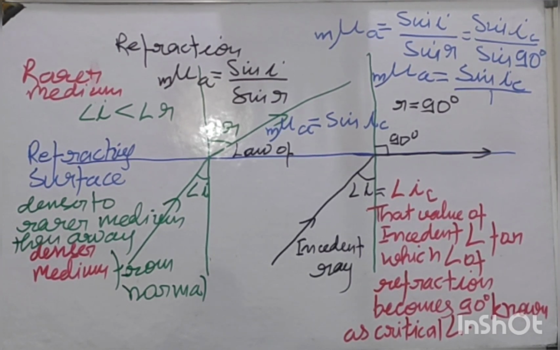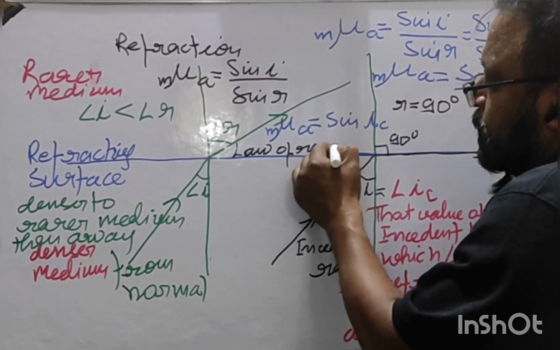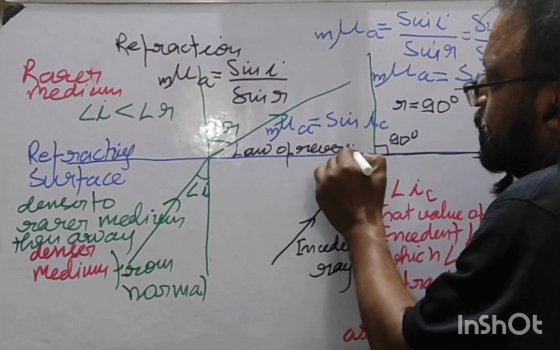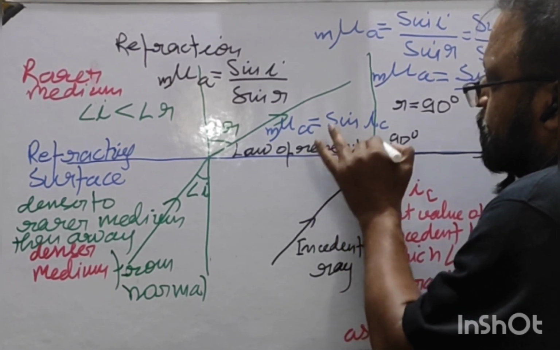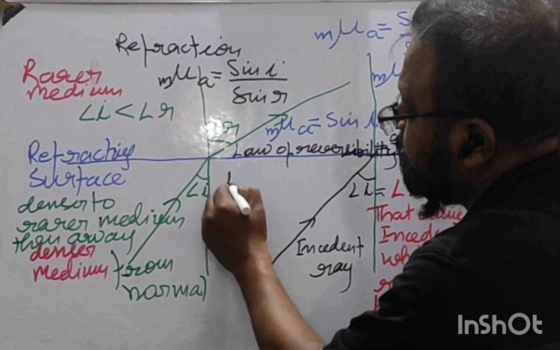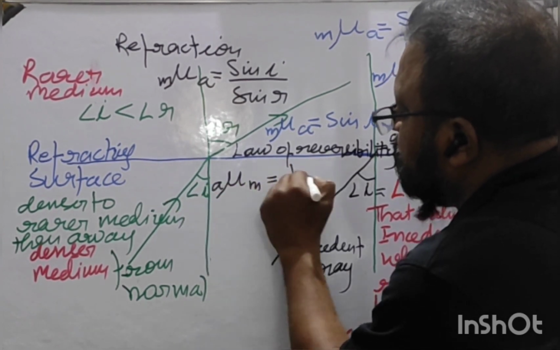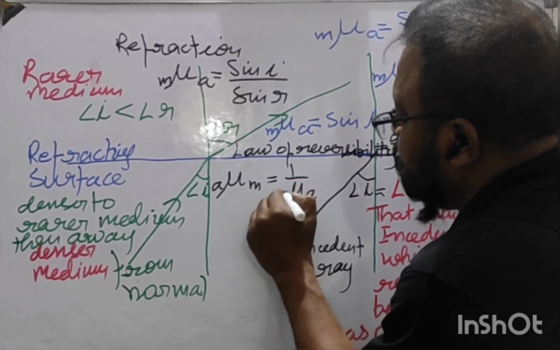So what I said, refractive index of air with reference to medium is equal to sin IC, right? And if we take into consideration the law of reversibility, in that case, refractive index of medium with reference to air is equal to 1 upon refractive index of air with reference to medium.